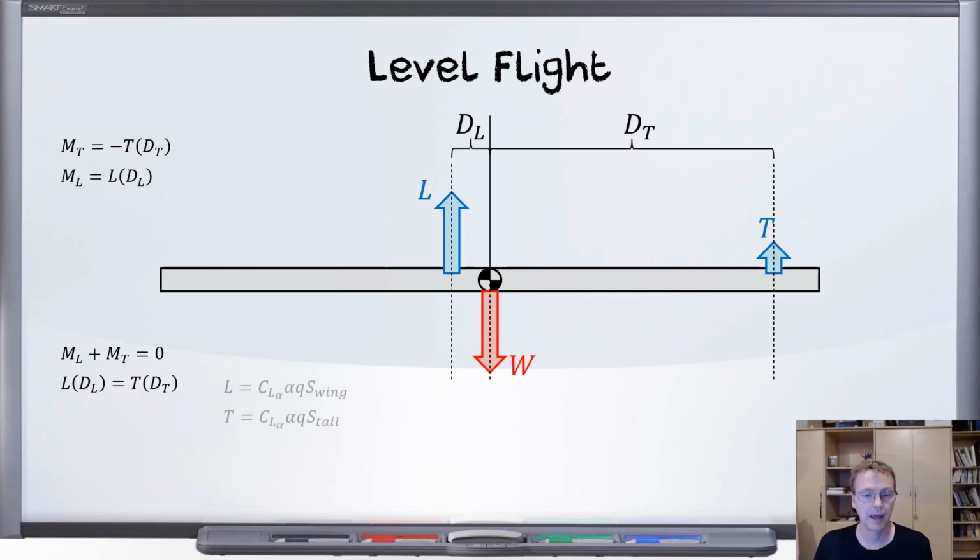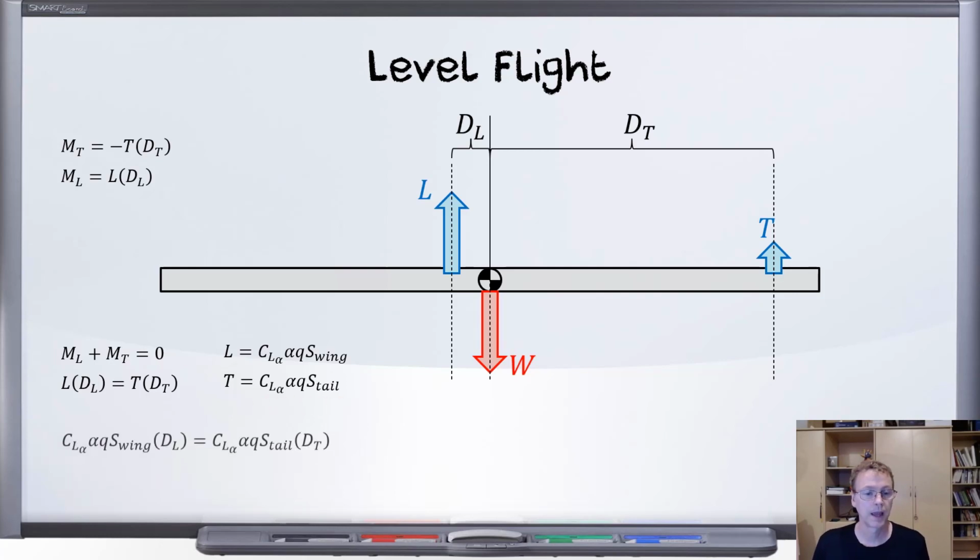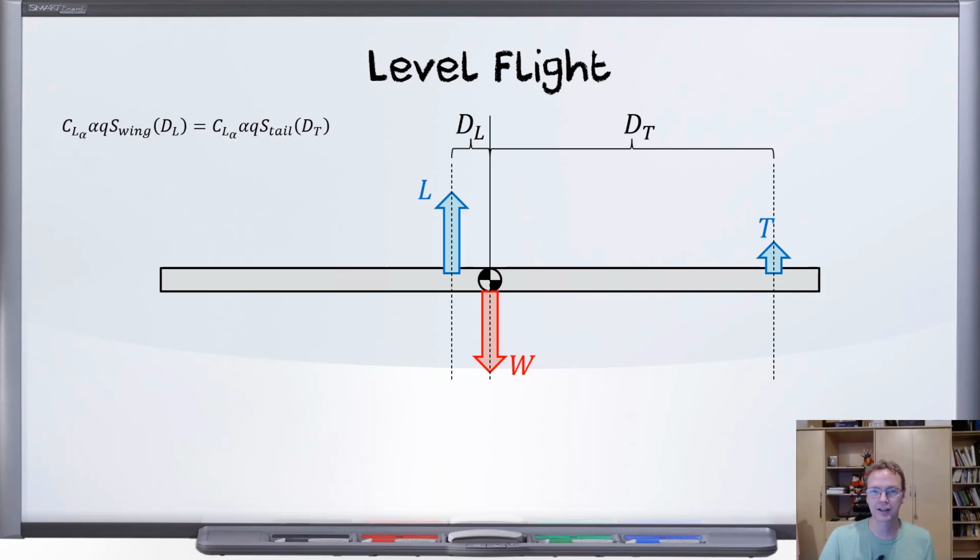And you'll recall a few slides ago we did this with our lift and our tail's up force here. And so now I can plug those in and get this equation right here. Just a quick costume change, and now let's see if we can reduce this equation a little bit.